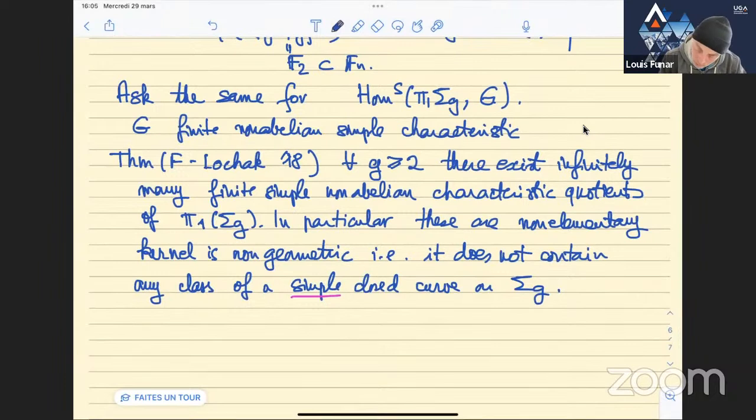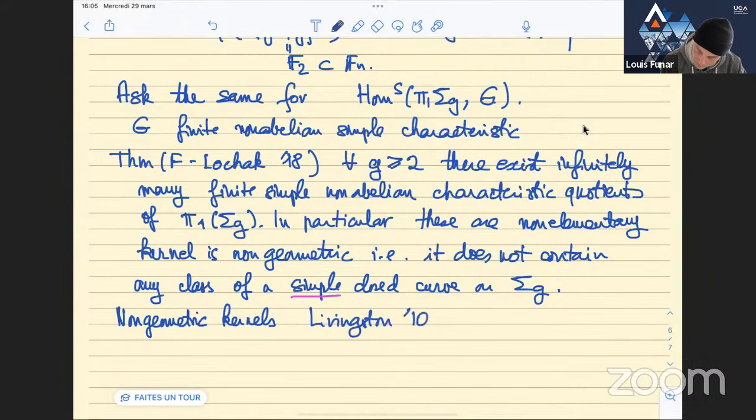Non-geometric kernels were already known. Non-geometric kernels are known since Livingston in 2010. Oh no, in 2000, I think.